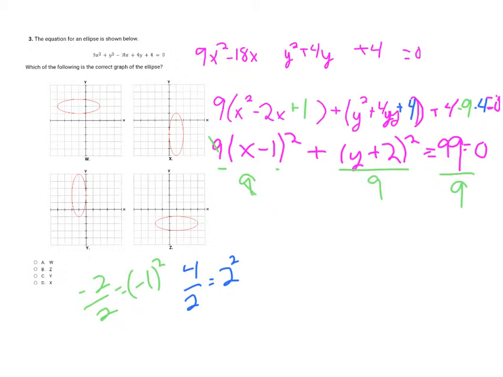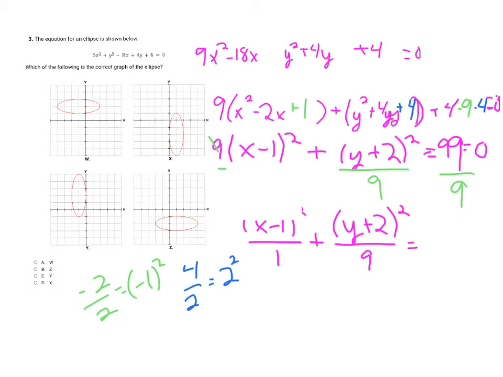And these cancel, and I'm just left with a 1 in the denominator, plus, and I don't have anything that cancels with the y, so this just all stays the same, equals 9 divided by 9 is 1. And now I finally have it in that form where I can start to match the graph.